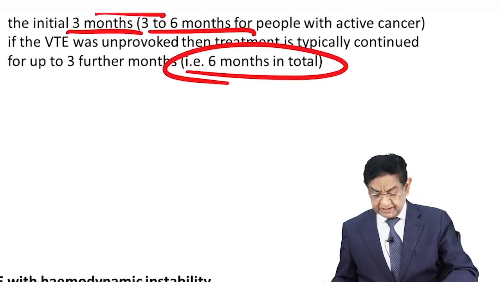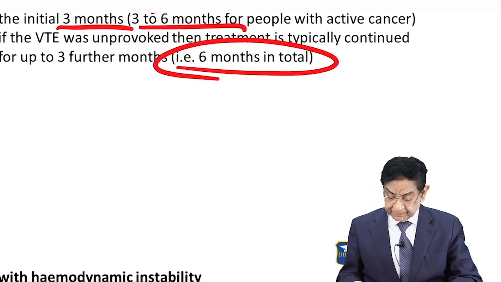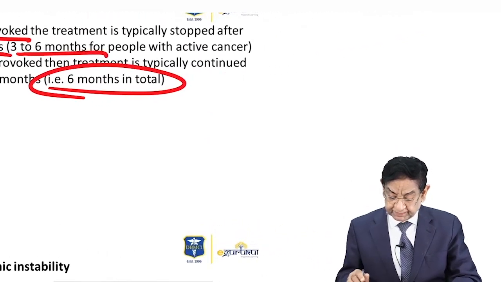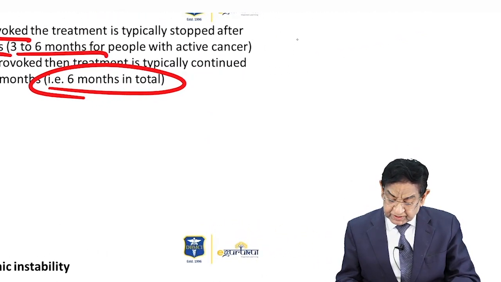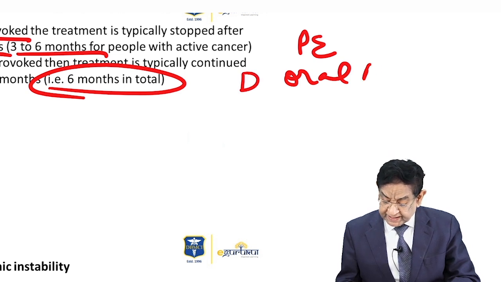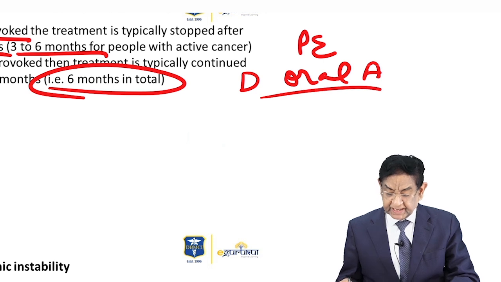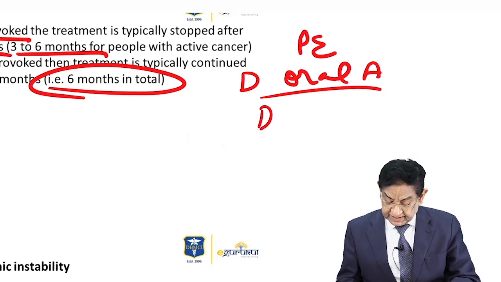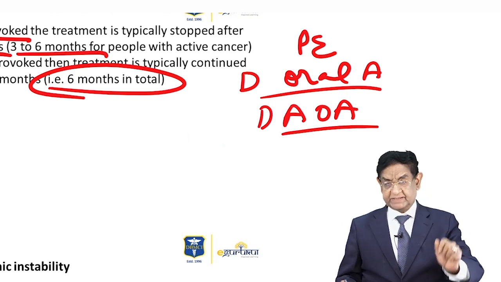So friends, the summary of treatment of pulmonary embolism: direct oral anticoagulant like apixaban.